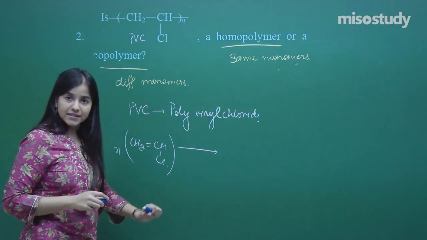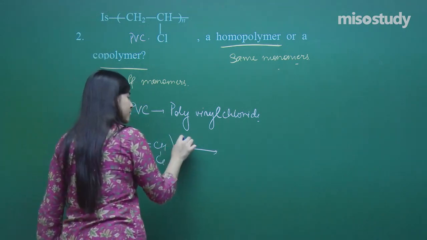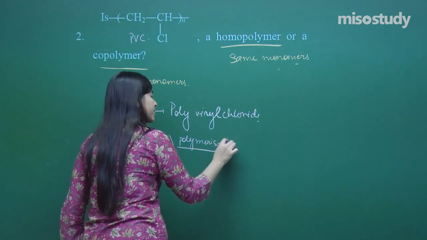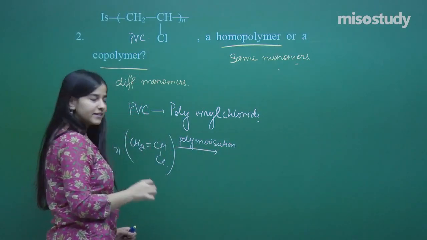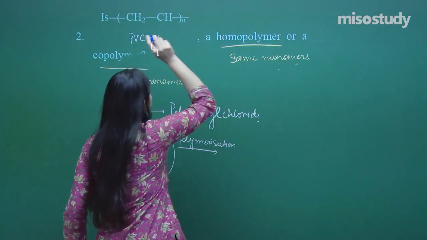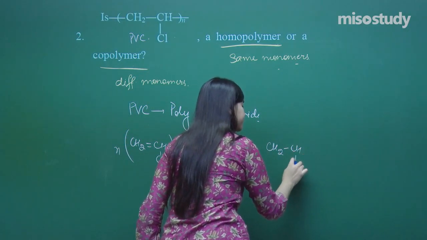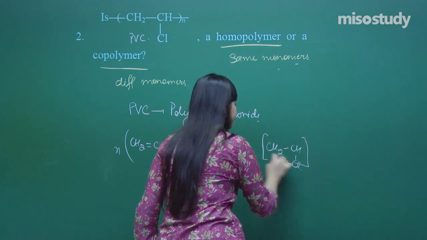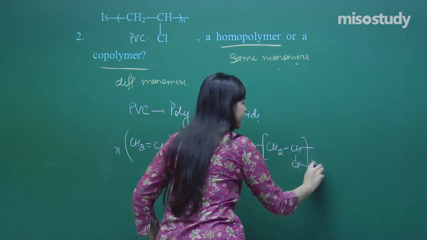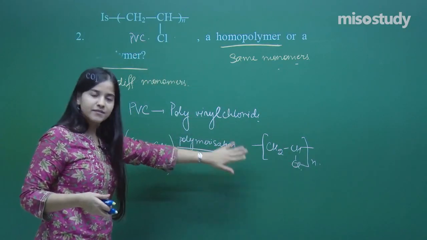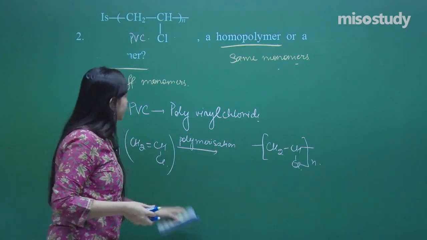In the presence of a catalyst and some pressure, I get the polymerization. And we get the answer here, this particular PVC, which is like this, N units of it. Clear? Yes, this is the answer.